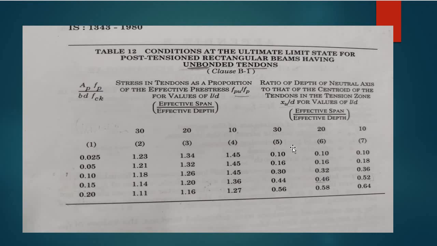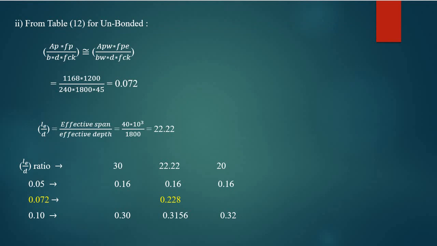Because of this XU by D, after the first column we should refer to these three columns, that is 5th, 6th, 7th. In between these three, where our value lies, that column we should refer. So what is the L by D ratio?